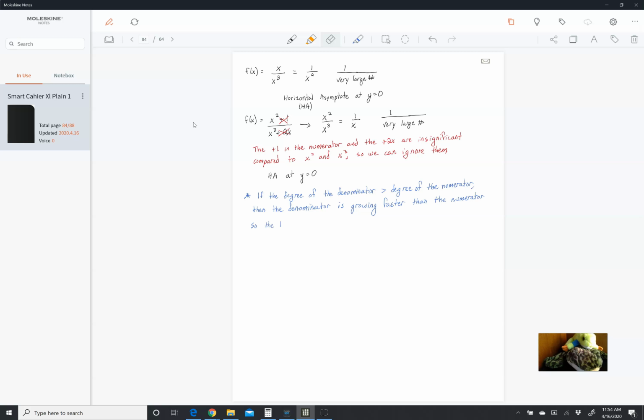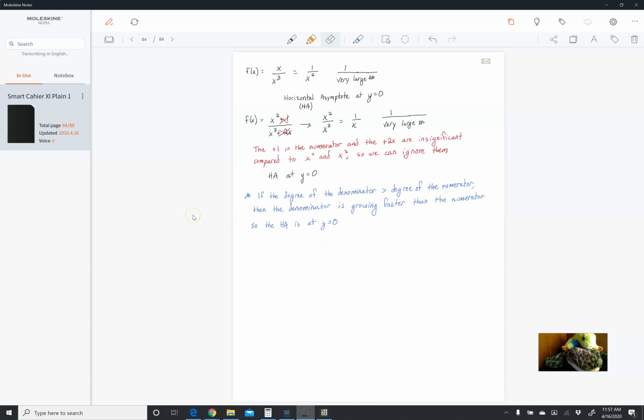So the horizontal asymptote is at y equals 0. Okay, so this is our first big thing, okay? This is our first possibility.